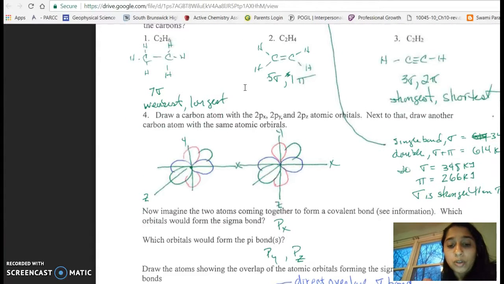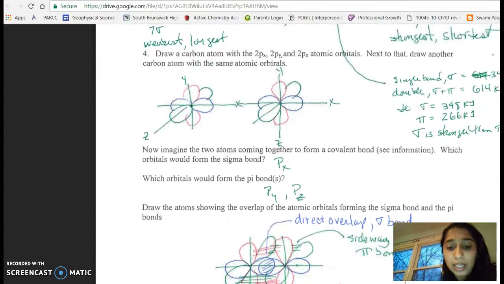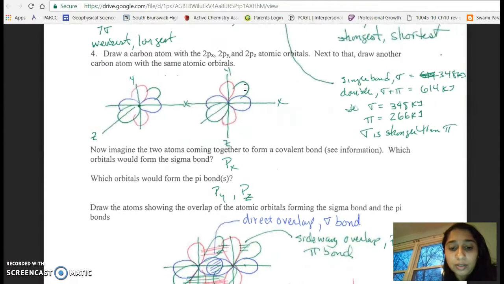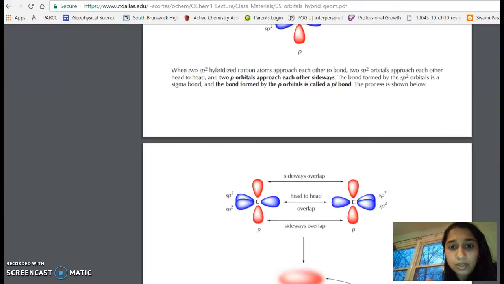Okay, so you were asked to draw p orbitals and explain the overlap. This is exactly what you were asked. So the sideways overlap gives you the pi bond. I also found this to be helpful.